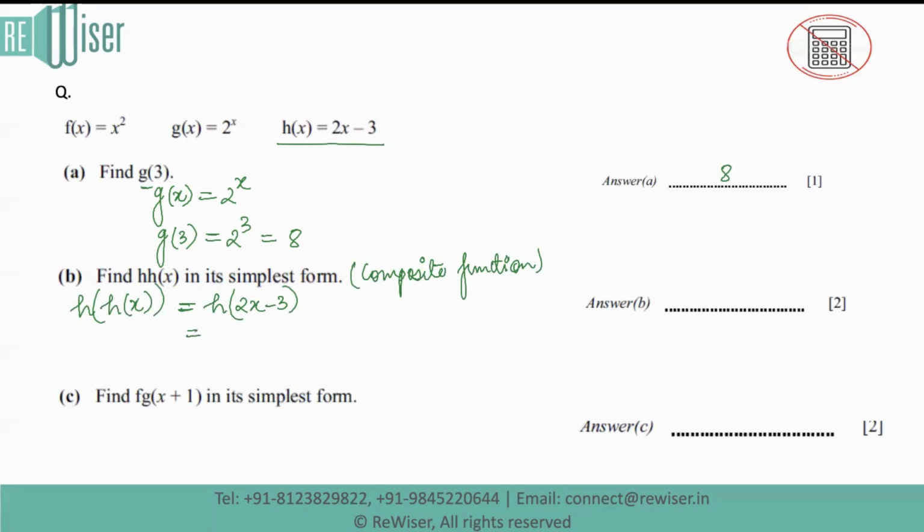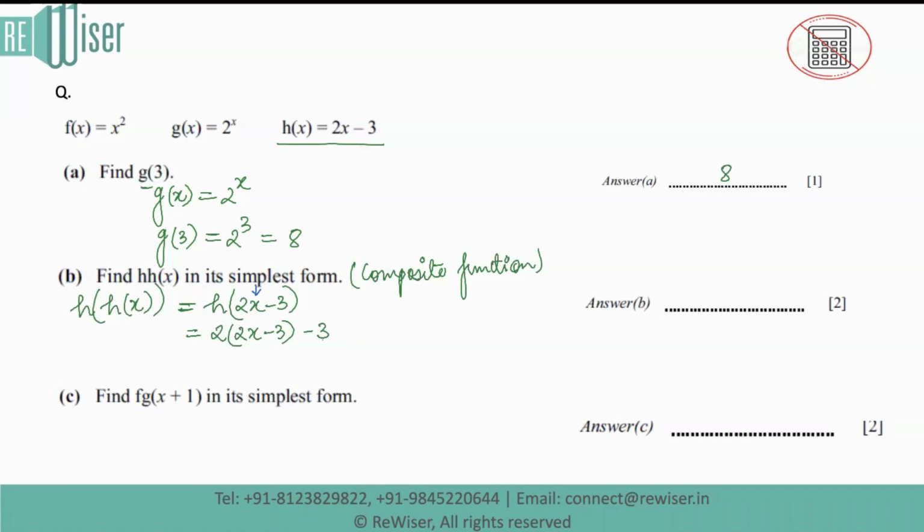Anywhere we see the value of x, x will get replaced by 2x minus 3, meaning 2 times of 2x minus 3. So we have replaced 2x minus 3 in place of this x. And further, we'll write minus 3. 2 times of 2x minus 3, minus 3 is written here.